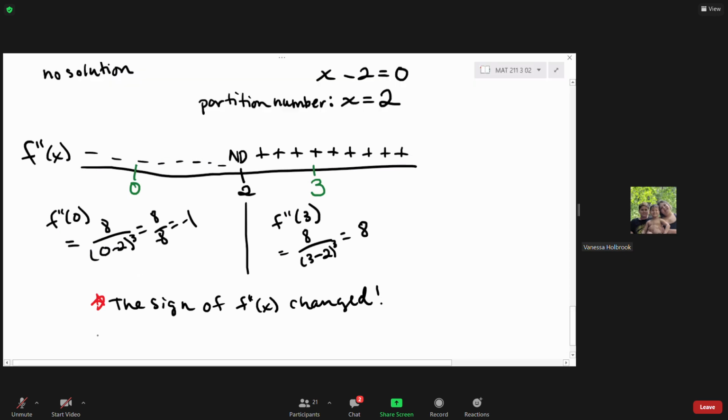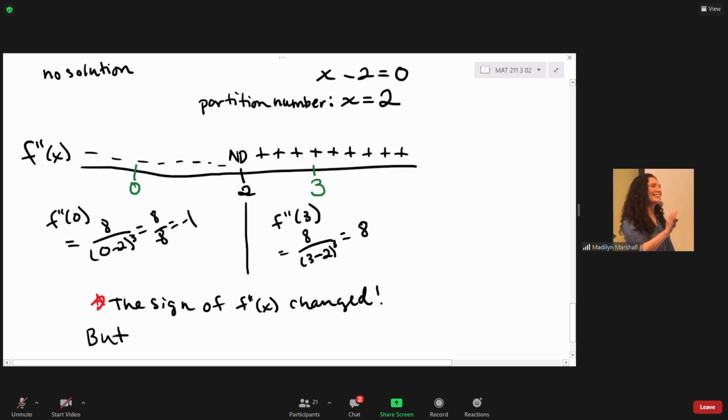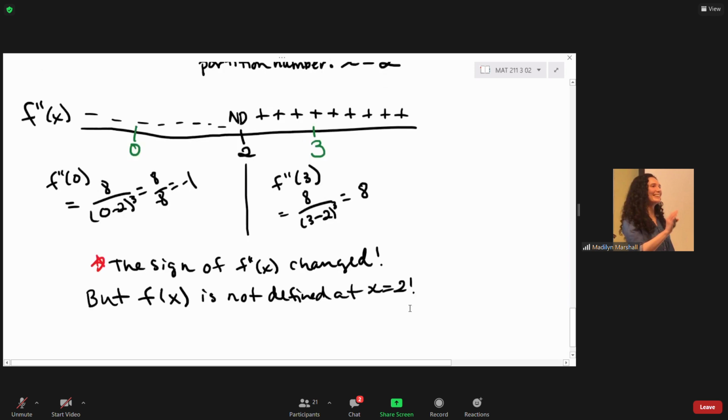Because it's undefined. Right, exactly. And I want to clarify, it's not because the second derivative is not defined. It's because f, the original function, is not defined at 2. X equals 2 is not in the domain of f.